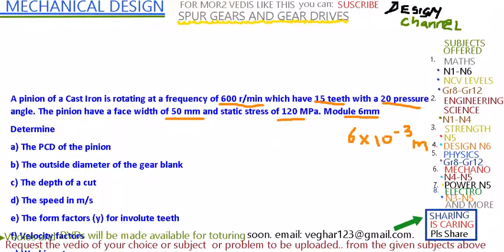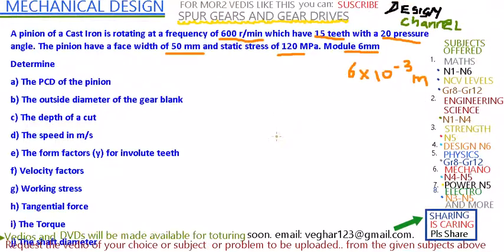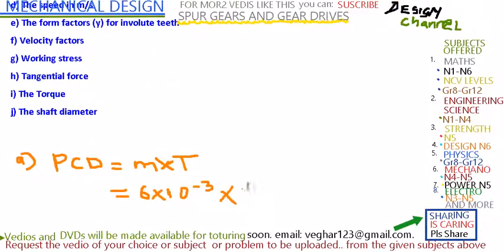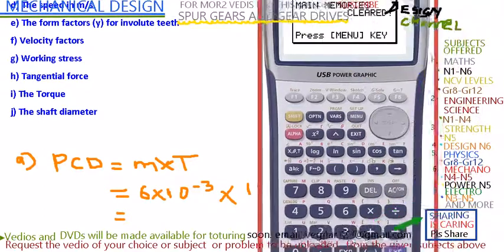We have 13 teeth, so let's say 15. Then multiplying this together, what do we get?